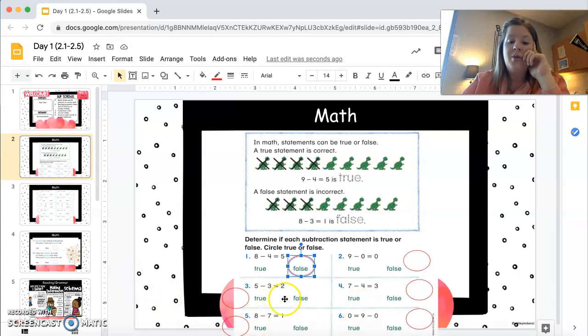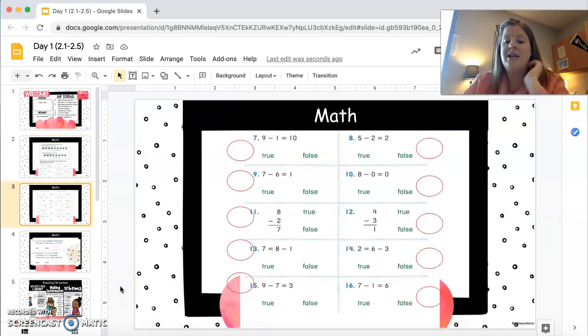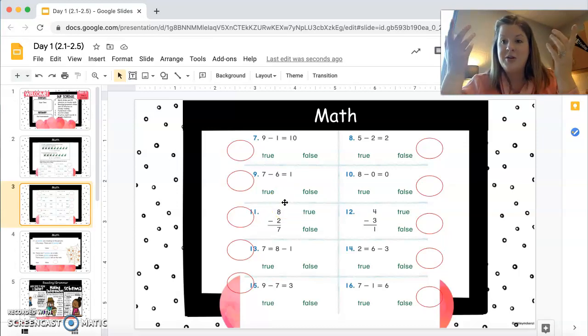So again, you are looking to see if it is true or false, okay? You're going to do the same thing on this slide as well, looking to see if it is true or false. So true would mean that the answer is true. So if you subtract it and you have the same number of fingers as what the answer is, then that means it's correct.